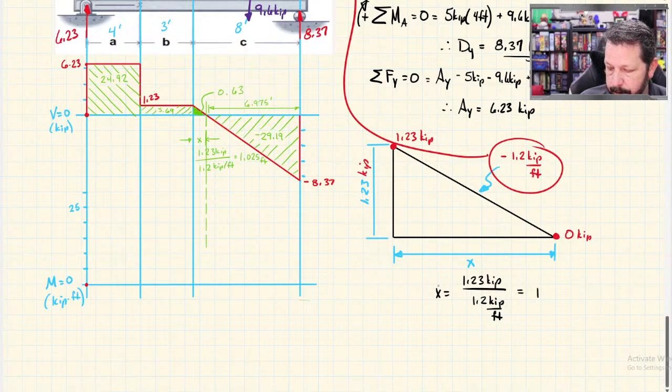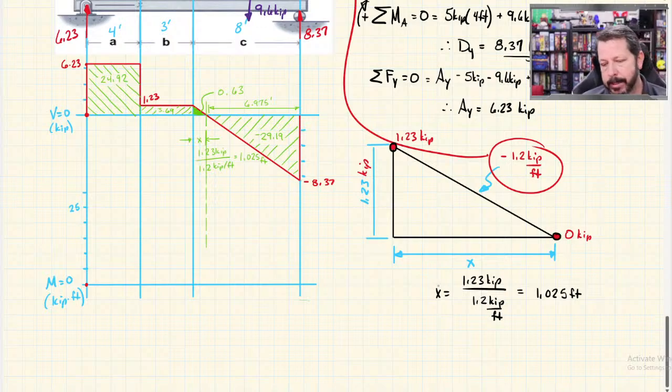And that gives me 1.025 feet of x. So basically, it's how many feet under this distributed load it takes to get from wherever I started, 1.23, down to 0.